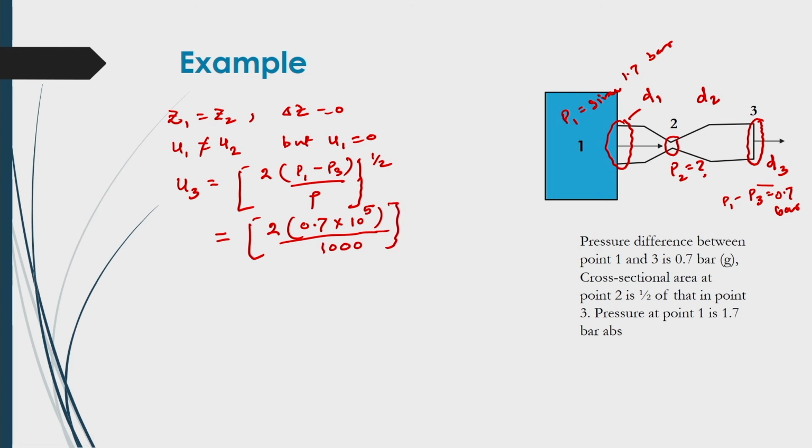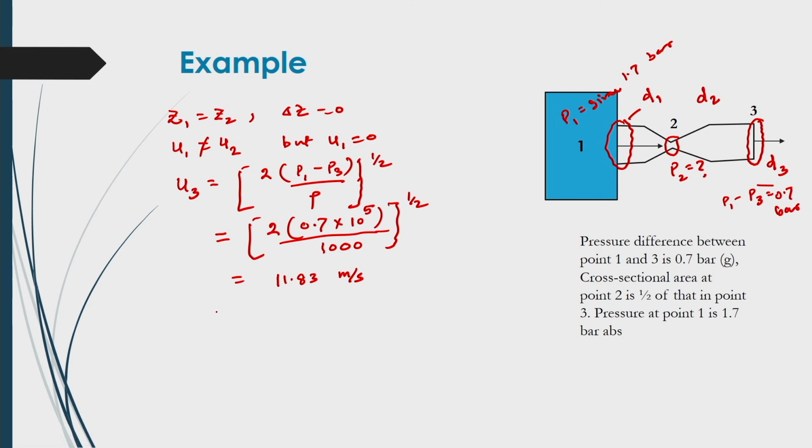After calculation we get this value as 11.83 meter per second.